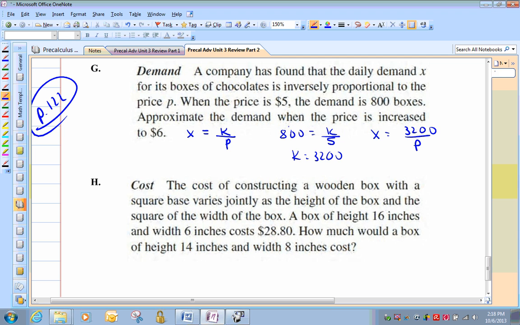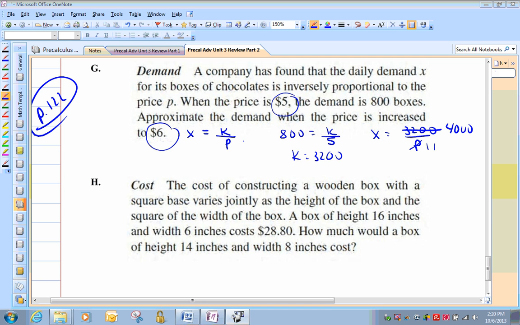Okay, approximate the demand when the price is increased to $6. Sorry, I made a mistake here. 800 times 5 is not 3,200, it's 4,000. Sorry about that. And this is a good lesson in the fact that Ms. Orange's not reading carefully.